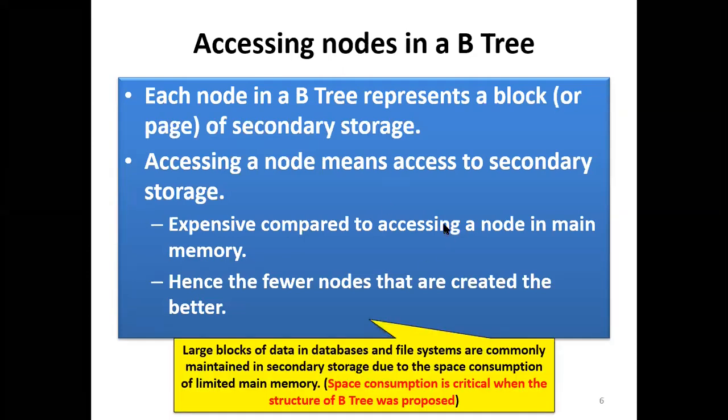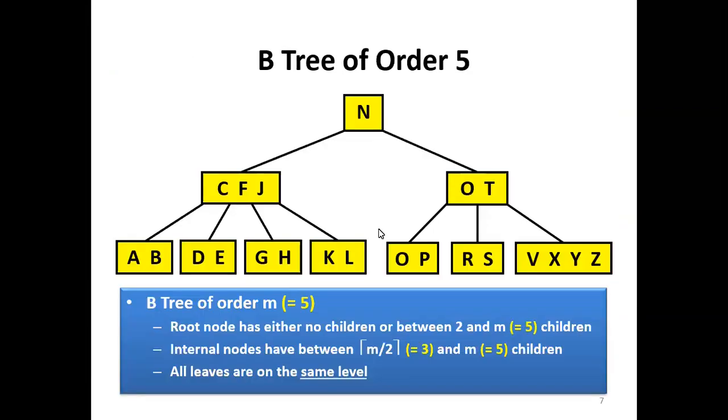So yeah, this is more explanation of what we have said here. Okay, now let's put these things that we have said earlier in a structural diagram. In this case, we have a B tree of the order of 5.